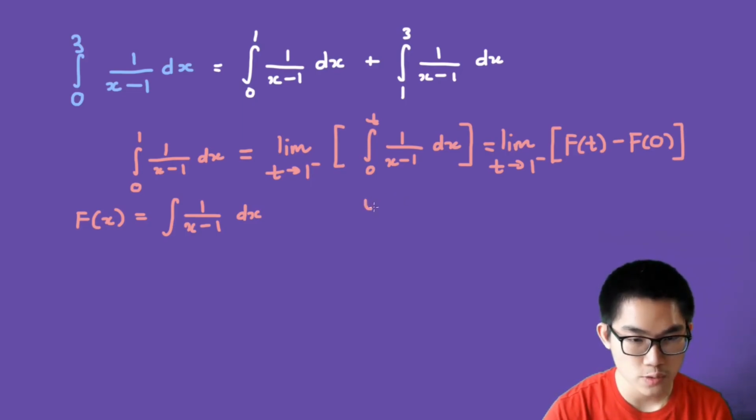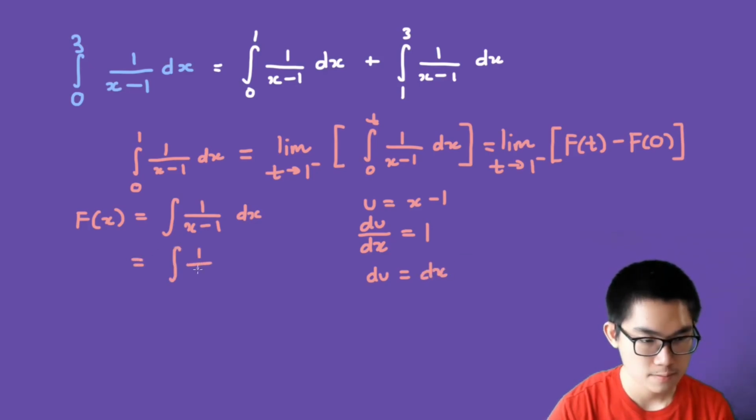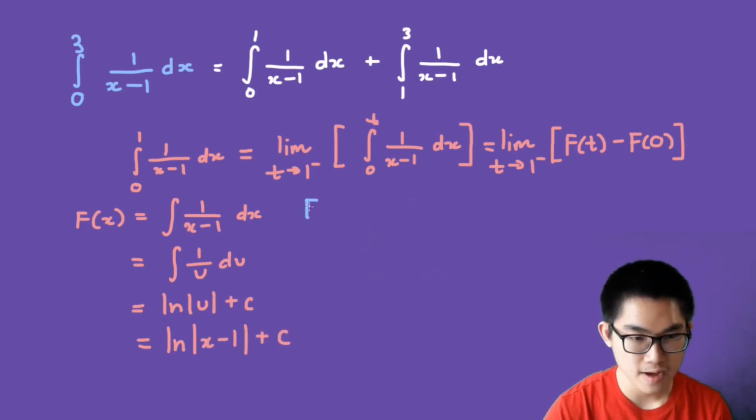Let u equal x minus 1. du over dx will be equal to 1, so du will be equal to dx. And last but not least, we get ln of the absolute value of u plus c, which is equal to ln of the absolute value of x minus 1 plus c.